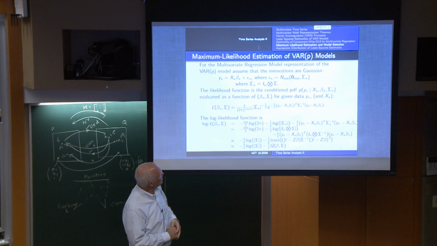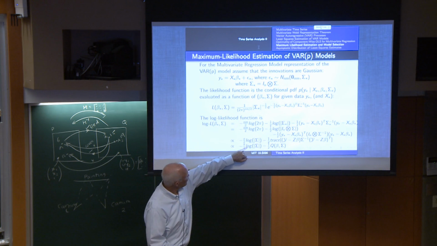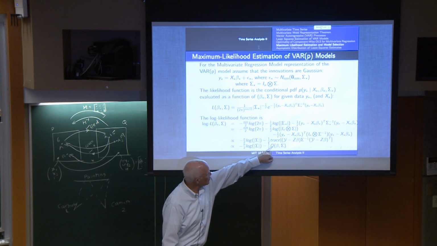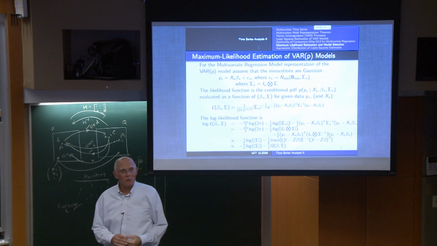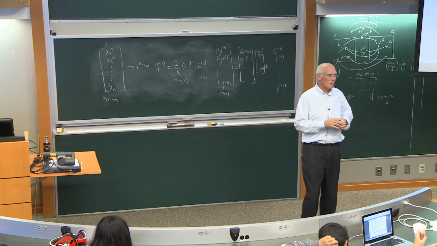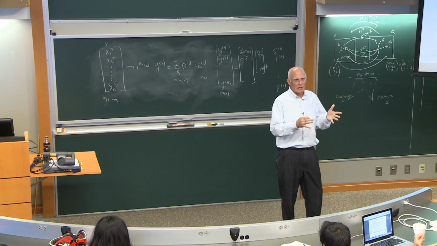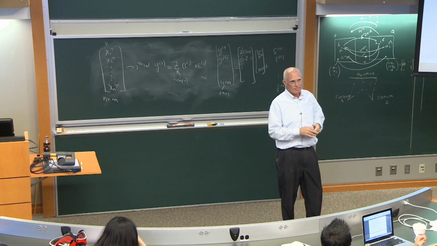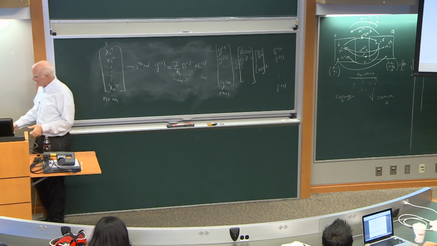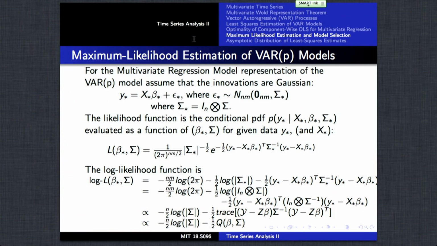But the log likelihood function ends up being equal to a term proportional to the log of the determinant of our sigma matrix and minus 1/2 q of beta sigma, where q of beta sigma is the least squares criterion for each of the component models summed up. So the component-wise maximum likelihood estimation for the underlying parameters is the same as the large one.